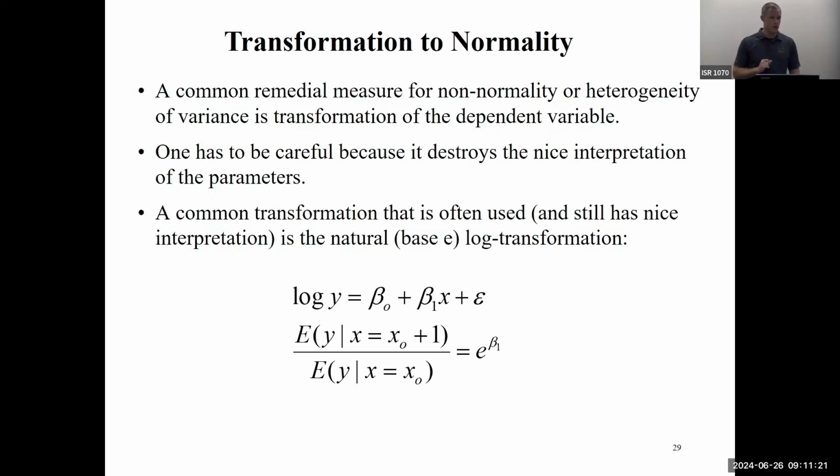So we can't just take the beta 1 coefficient and say that the dependent variable increases on average by this much. We have to exponentiate that coefficient and then say that the mean will be multiplied by the result of that calculation.